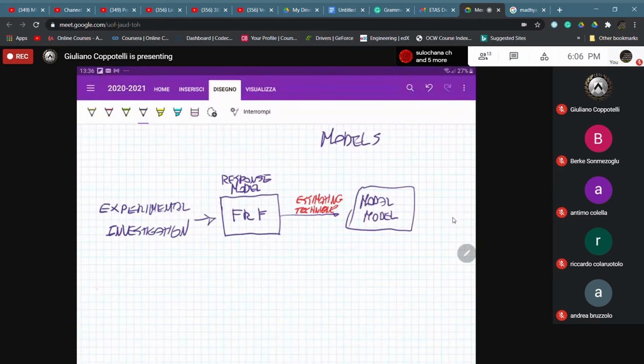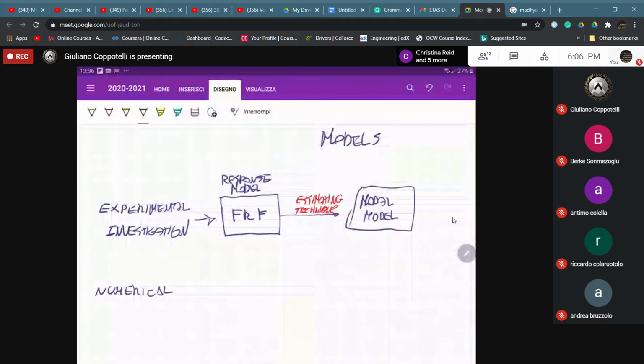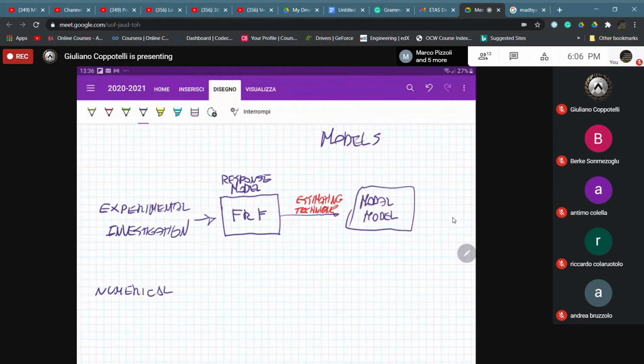From numerical analysis, what we have is your mass, your damping, and your stiffness matrix. Remember, that is your space model.